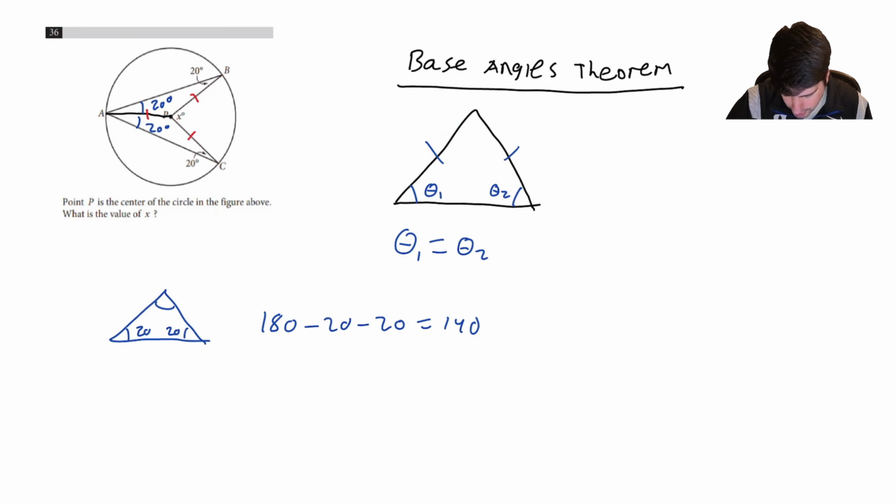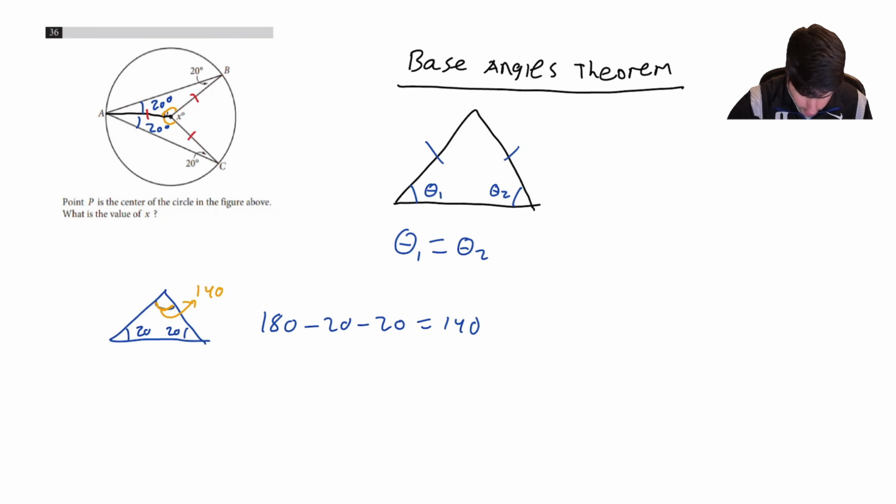So this image is getting a bit cluttered, but I'll go ahead and denote it like so. This angle and this angle right here, they're both equal to 140 degrees. Okay, so what do we have now?